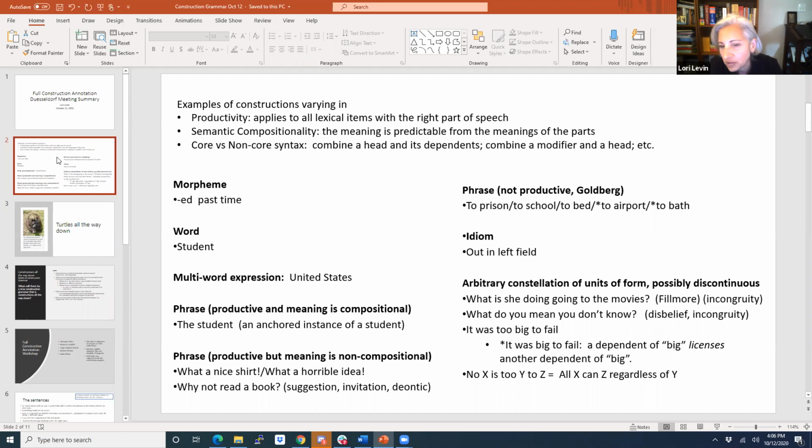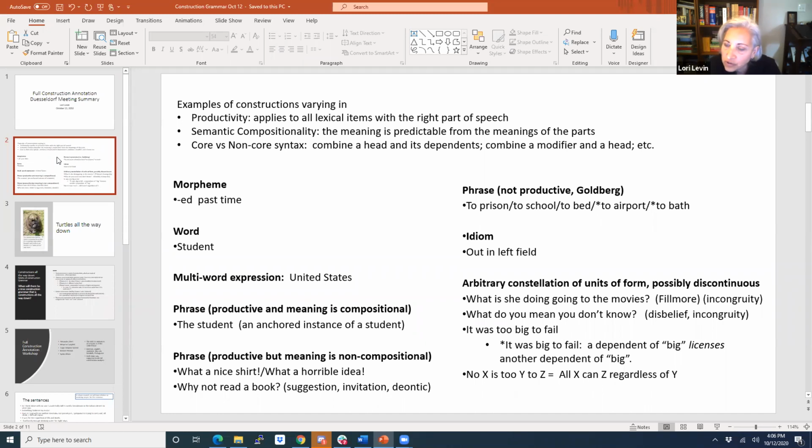But something that's not quite productive is going to prison, to school, to bed, but not to airport or to bath. You have to say, I'm going to the airport.